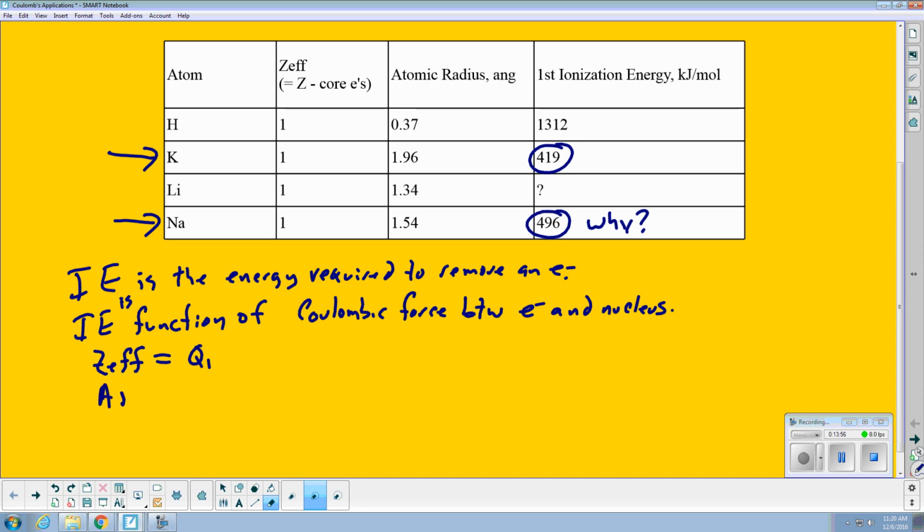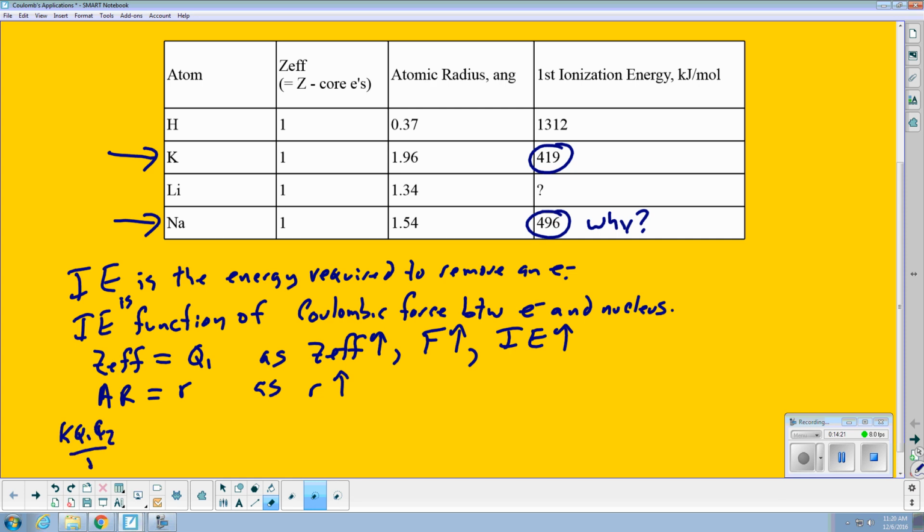My atomic radius is equal to my R. So as my Z effective increases, my force of attraction increases, and then my ionization energy increases, right? And as my R increases, now R, where is it? Remember, K, Q1, Q2 over R squared. So R is in the denominator. So as my R increases, my Coulombic force of attraction decreases, and so my ionization energy would decrease.